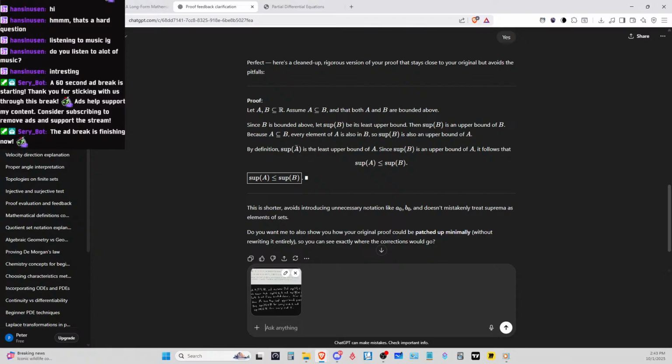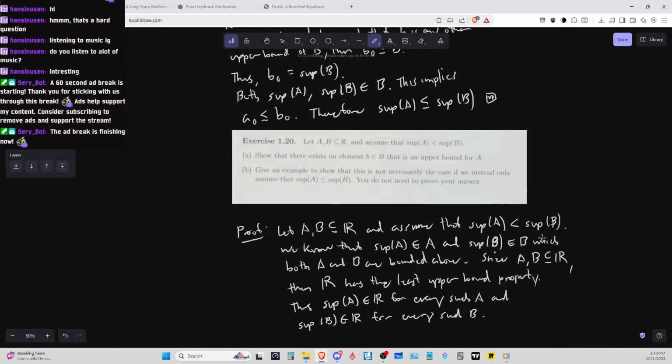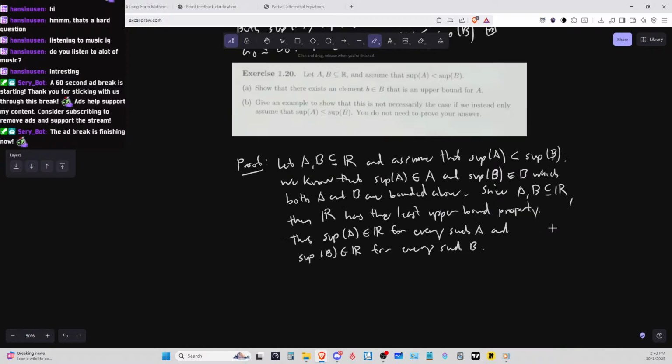By definition, the least upper bound of A, and then B is an upper bound of A. But this is when they're subsets of each other. Now, if they're not subsets of each other, do we have to do this on a case-by-case basis, or what?